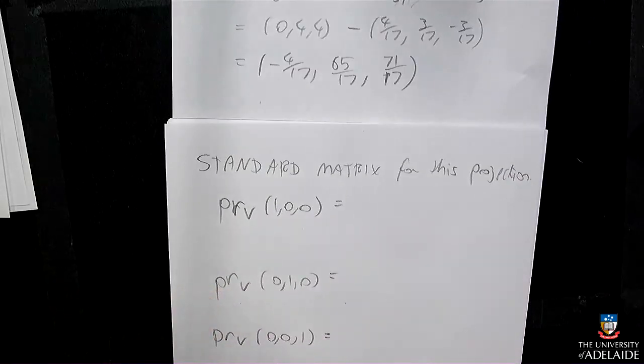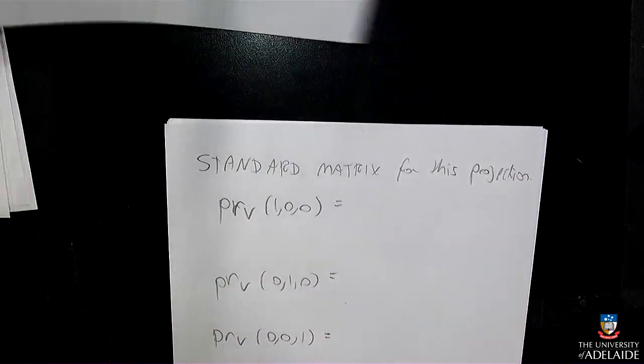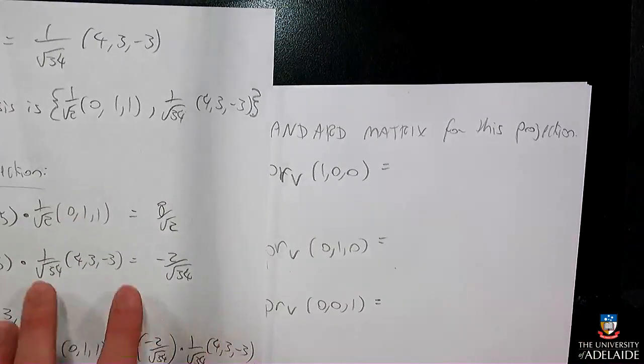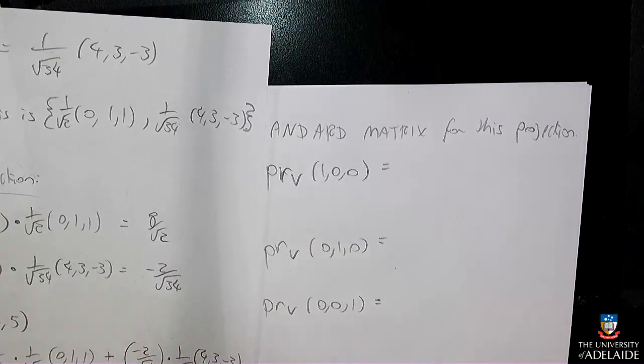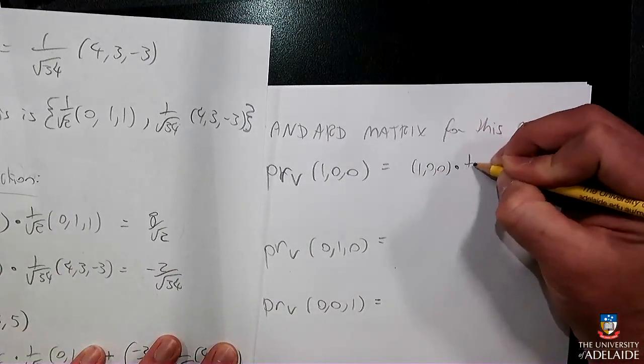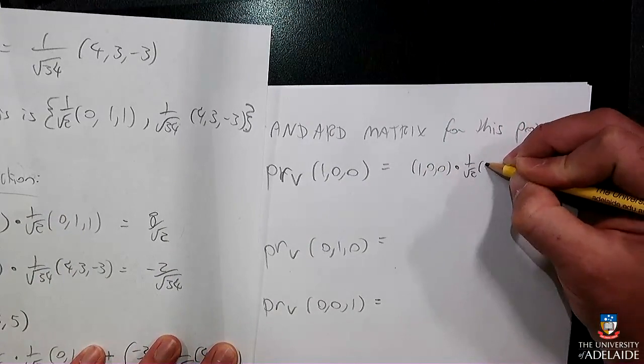Once I had figured out those, they will be the columns of my matrix. So my basis vectors were these 2 things here. So I'm going to do it all in one go if you don't mind.